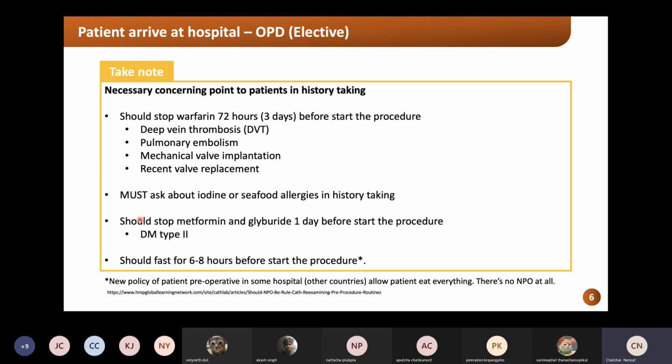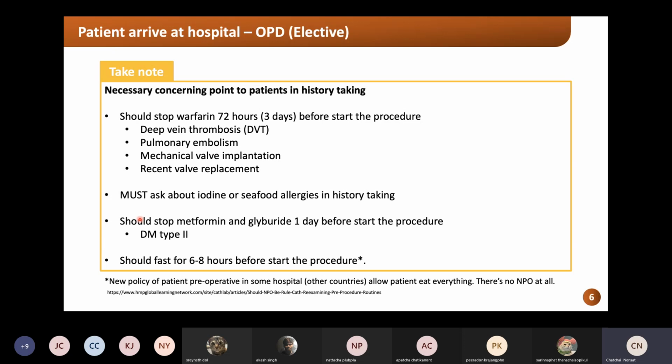And about the history taking, I have some notes that I need to tell you. Like I told you earlier, there are some points that are necessary to be concerned about in the history taking, like in patients that take warfarin daily.